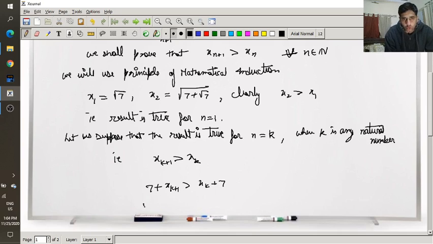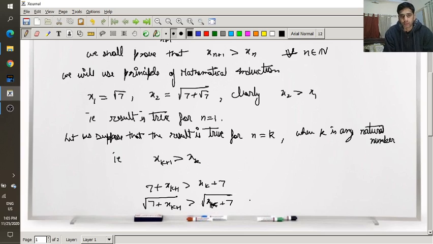So I will take the square root of both sides. The positive square root of a positive number is again a positive number, so the inequality remains unchanged, right?